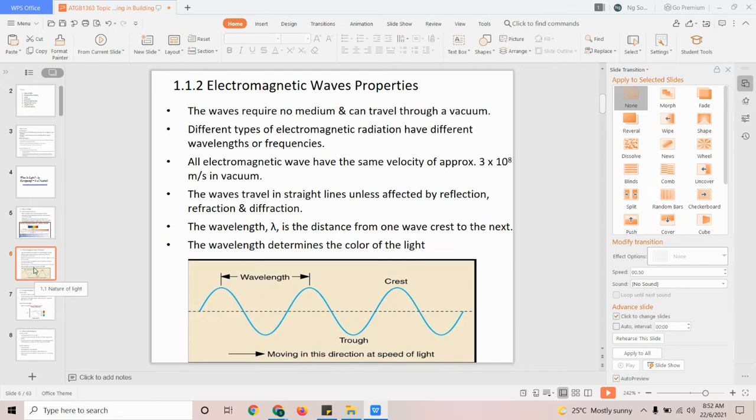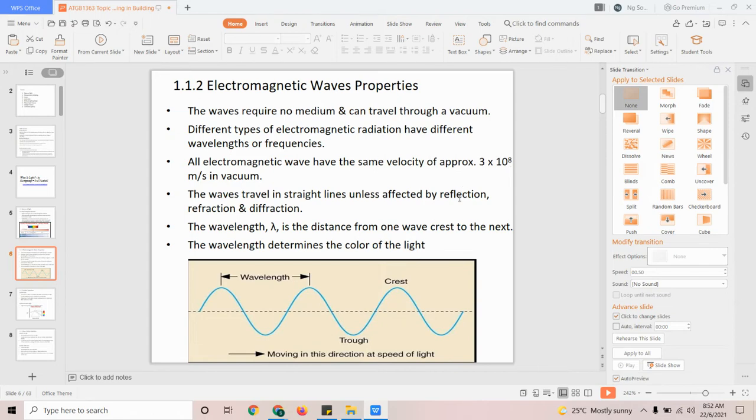Because light is an energy, it requires no medium to travel, and all these electromagnetic waves have a very high velocity and travel at the same velocity.